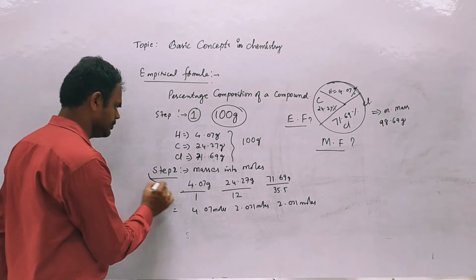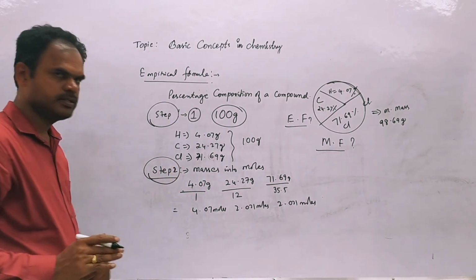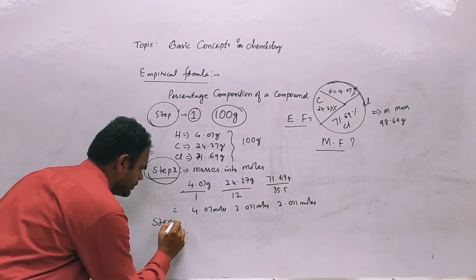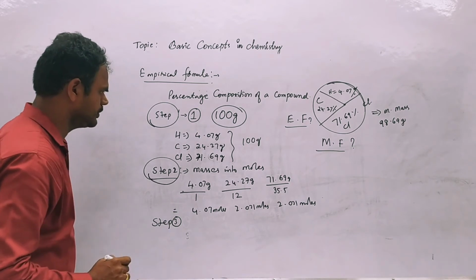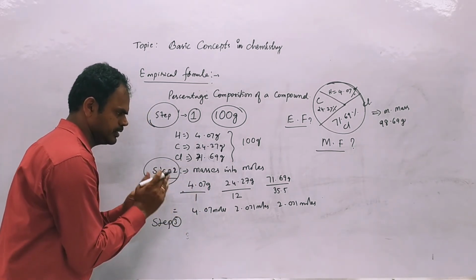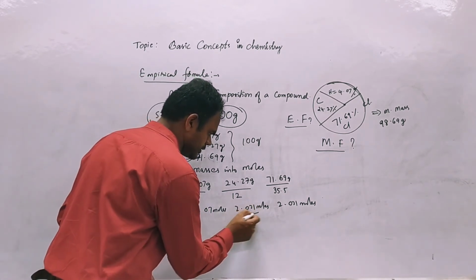In step 3, after getting the moles, divide each mole value by the smallest number.